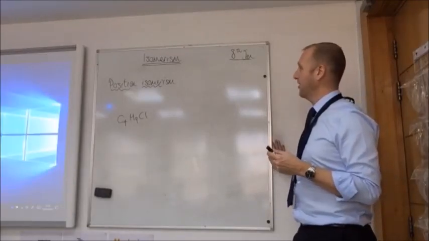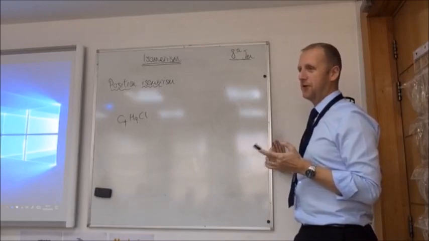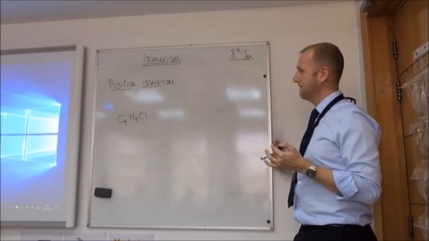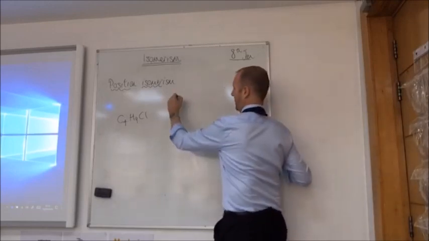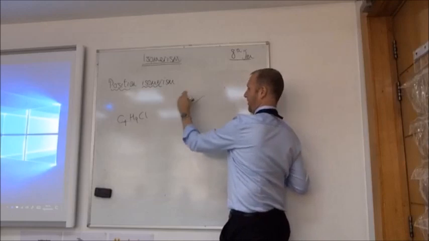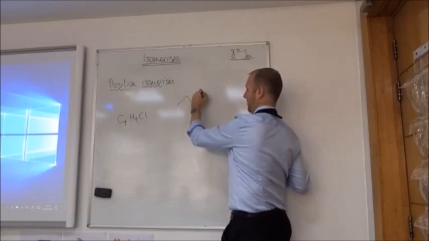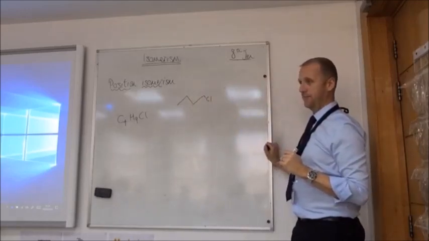Let's actually have a look at what you managed to come up with for different isomers for C4H9Cl. Okay, I could do the first one. If I put in skeletal formula, so there's my 4 carbons, 1, 2, 3, 4. I can put a tiny little line here and join that to a Cl. Okay, that's one isomer.